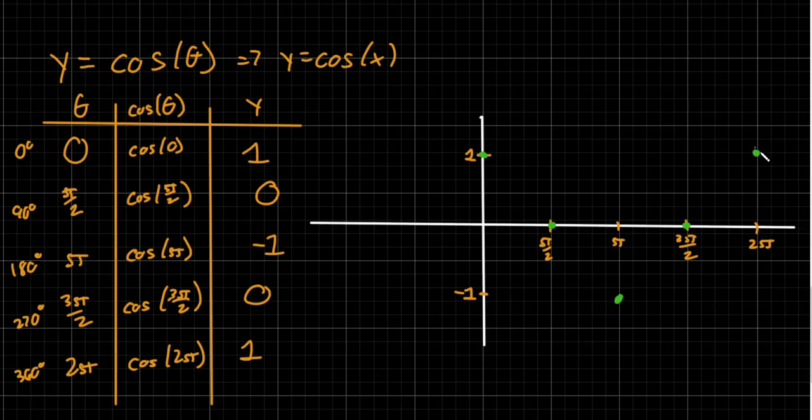Okay, remember, it's supposed to be curvy. How would you connect these points? It's supposed to be curvy though, because it's the circle. We're graphing the circle just on a graph, not in a circle shape.